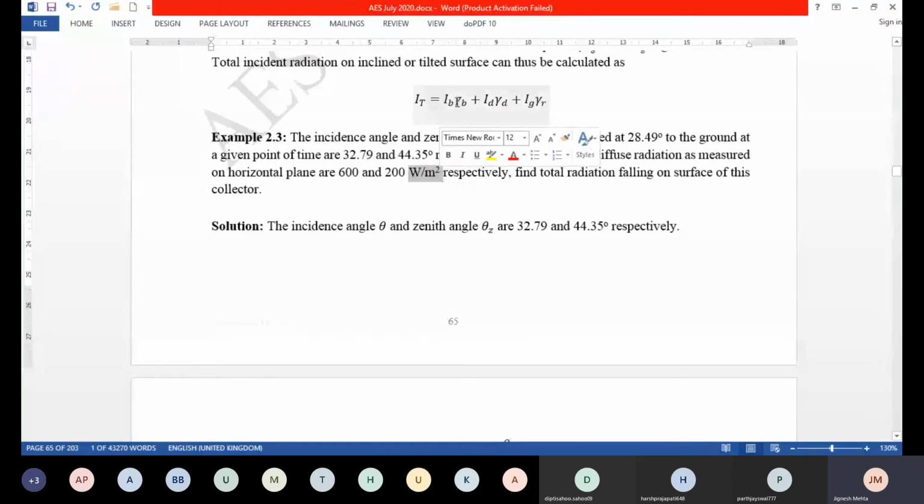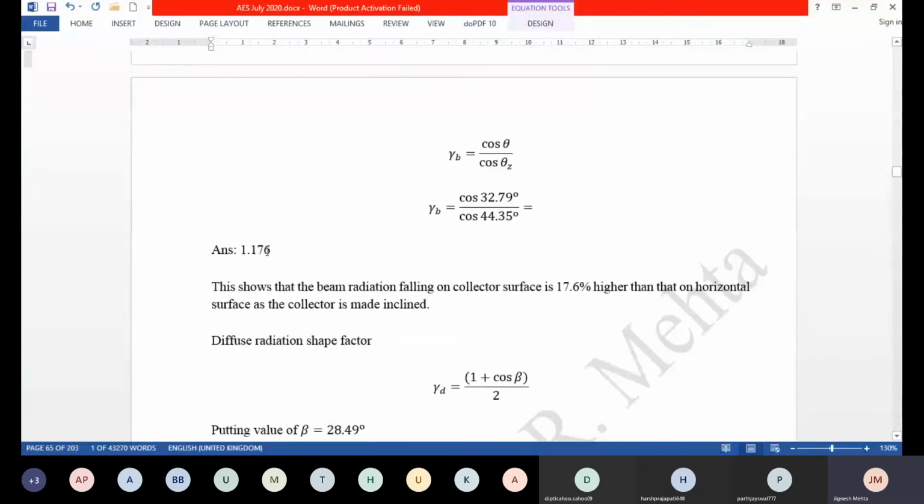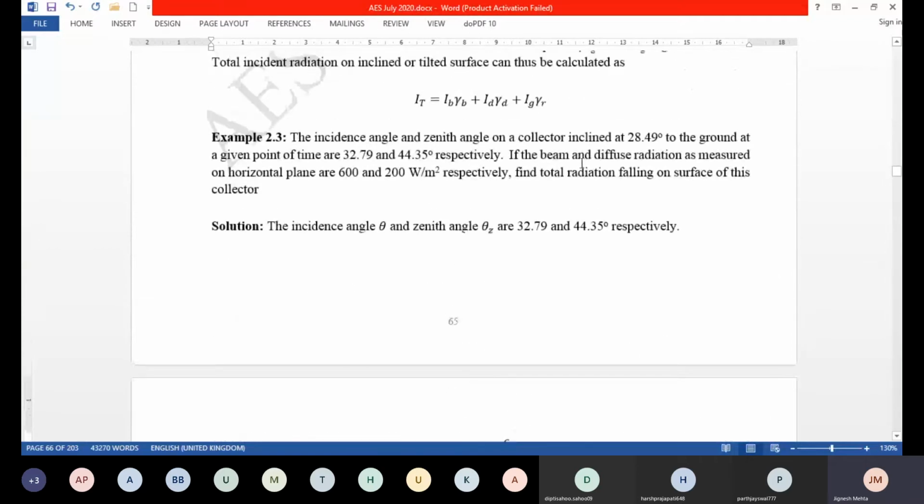But on your inclined collector, it would get enhanced by 1.176, means around 17.6% extra beam radiation is available because the collector is inclined at an angle 28.49 degrees rather than keeping it horizontal. So at this point of time, it shows that yes, there is benefit in keeping the collector inclined, at least from point of view of beam radiation.